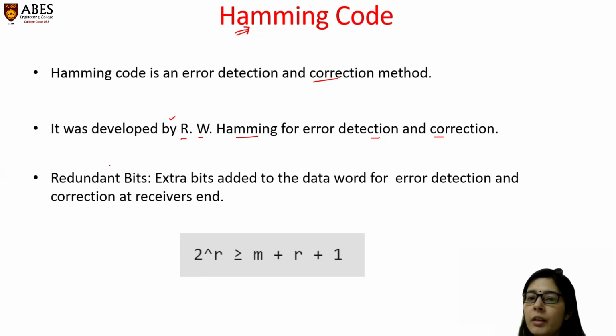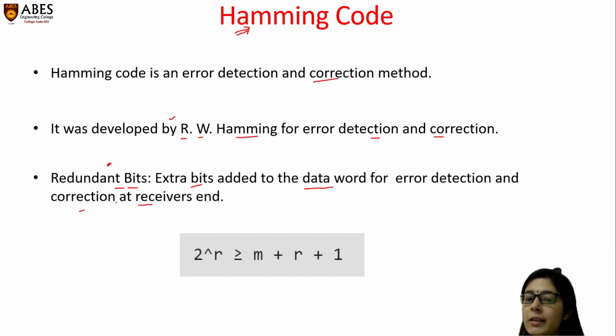In the Hamming code method, we need to calculate the redundant bits that the sender will append with the data and send to the receiver. Redundant bits are nothing but extra bits added to the data part for error detection and correction at the receiver's end.